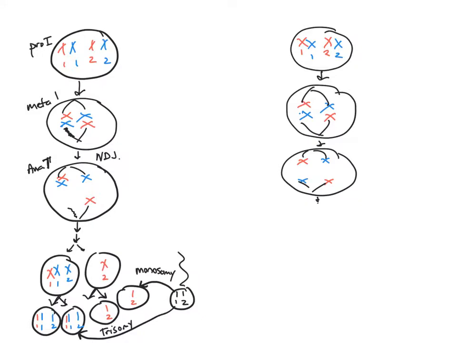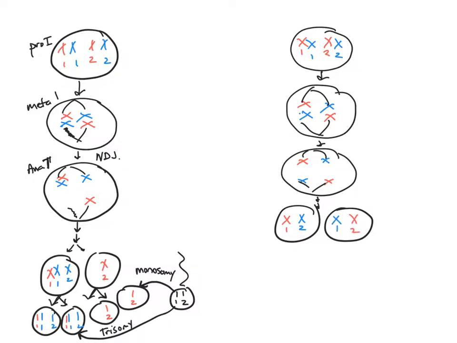Okay, so I'm going to dot, dot, dot till we have our 2 cells. This one has number 1 from mom and number 2 from dad. This one has number 1 from dad and number 2 from mom.